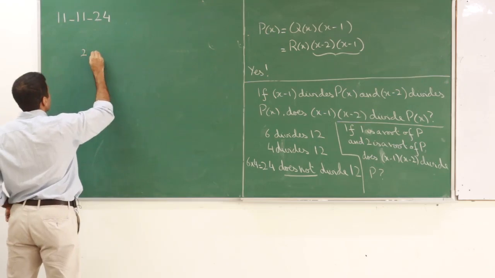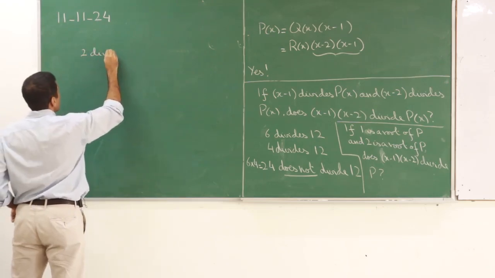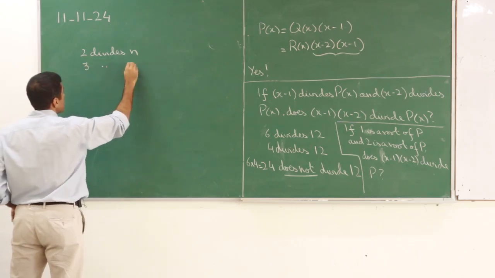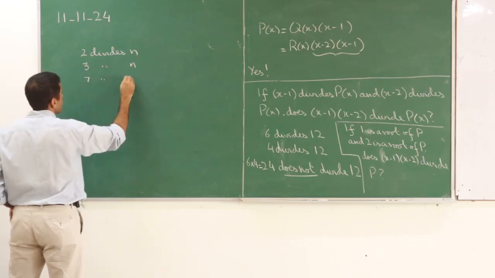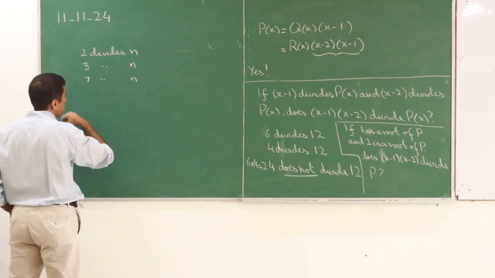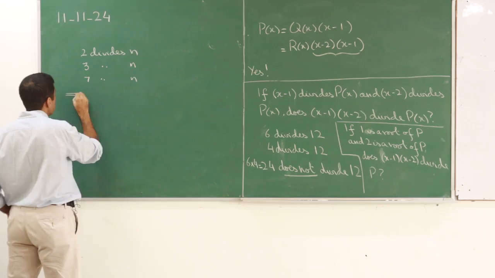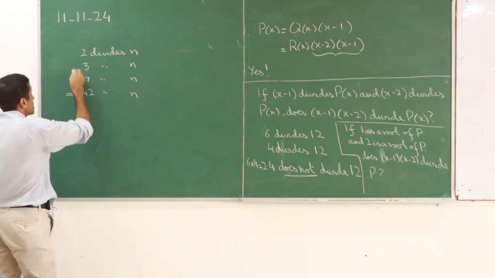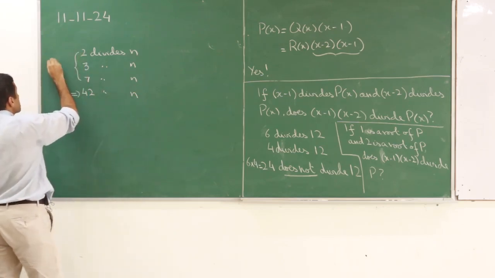Let's say you have a number n for which 2 divides n and 3 divides n and 7 divides n. Then we can claim that 42 divides n. The reason we can do this is because these are distinct prime numbers.